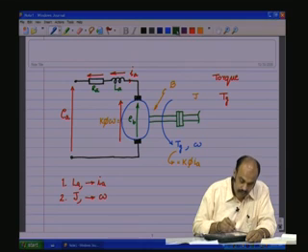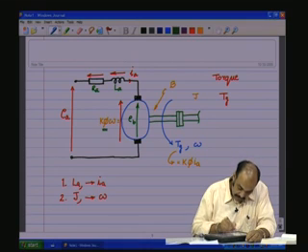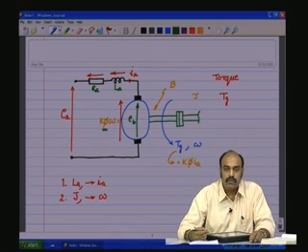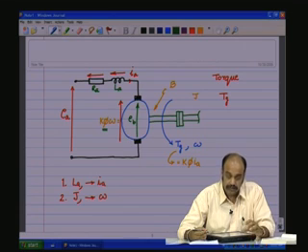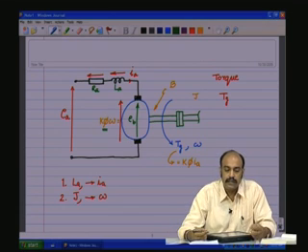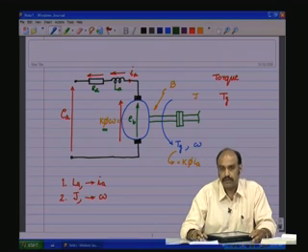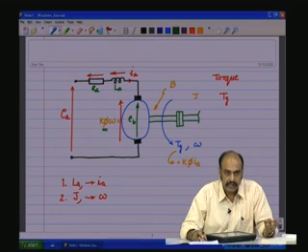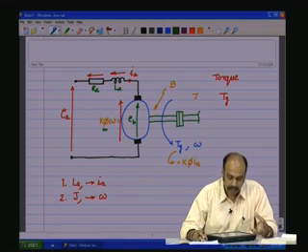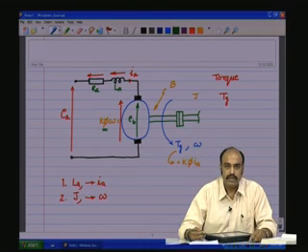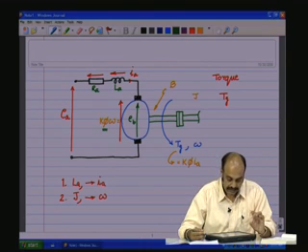Now, there is one more issue, and that is phi. How are we generating phi? Because the excitation, the field, is being generated differently with respect to different topologies of the motor, as we saw in the case of the shunt motor, the series motor, compound motor, the phi is being generated separately.